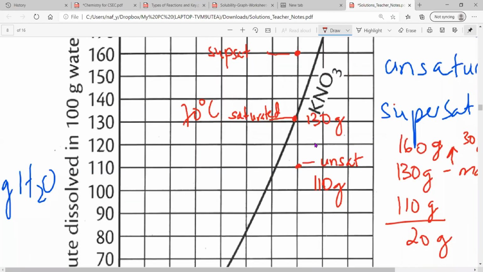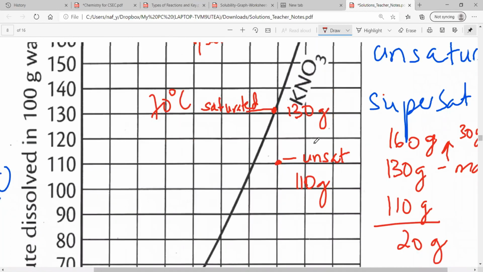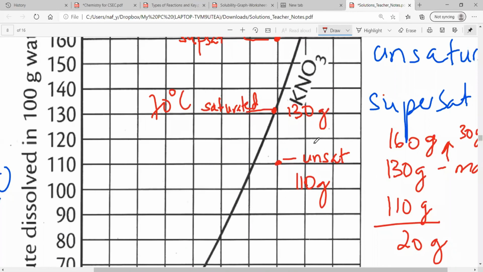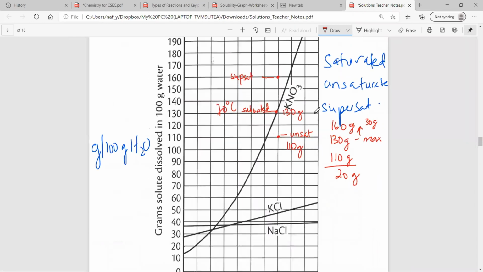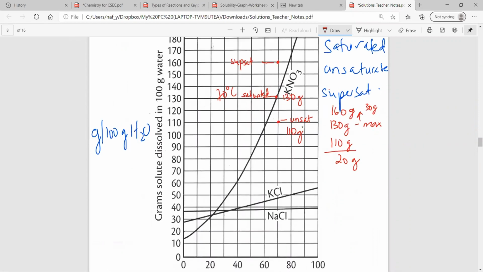So let us go back to our potassium nitrate. Now we have the solubility at 70 degrees Celsius here. However, let's say that I cooled my solution of potassium nitrate from 70 degrees Celsius to 60 degrees Celsius. All right, let me find an easier one, to 50 degrees Celsius.